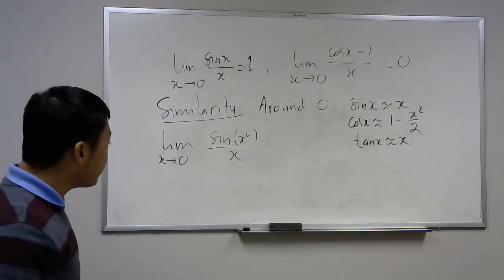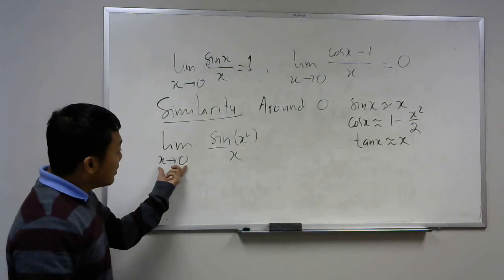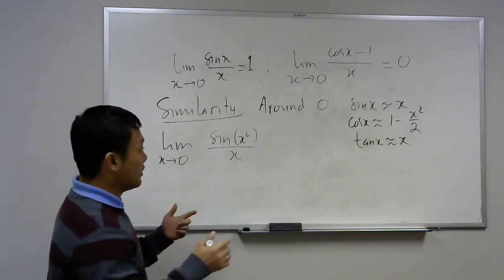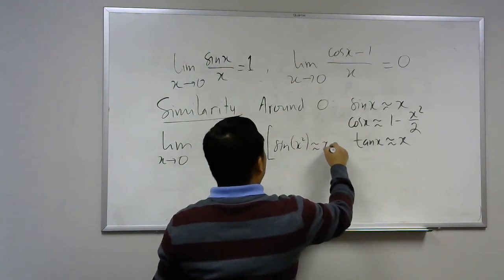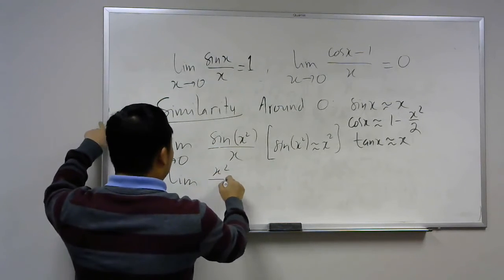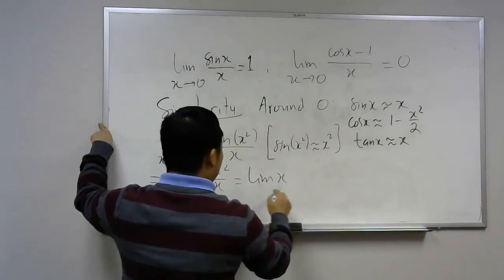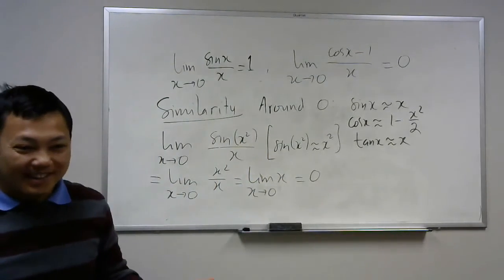It's a simple one. So again, when x approaches 0, sine of x squared is similar to x squared. So I write here sine of x squared similar to x squared. That means this limit is equal to the limit of x squared over x when x goes to 0, which is the limit of x when x goes to 0, which is 0. So it's simple.